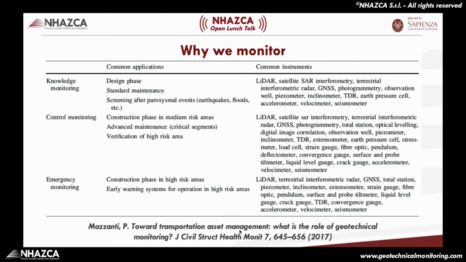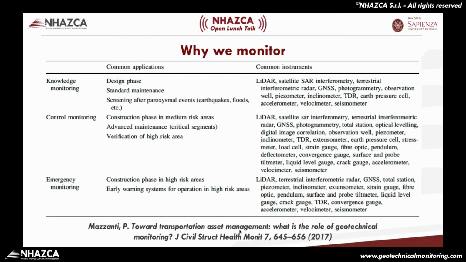So coming to why we monitor, of course, we need to have a question, and the reason for monitoring, from my point of view, is of three main categories. The three main categories that I said in a paper in 2017 that is mentioned before are knowledge monitoring, control monitoring, emergency monitoring.